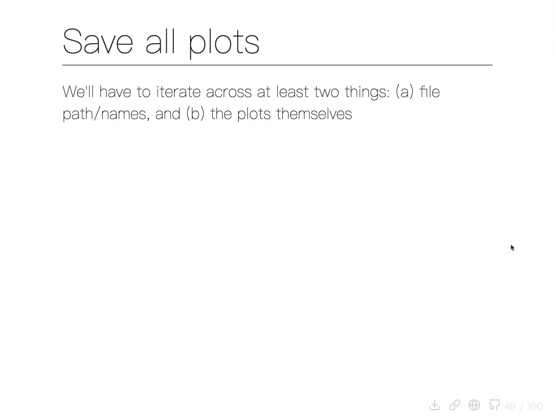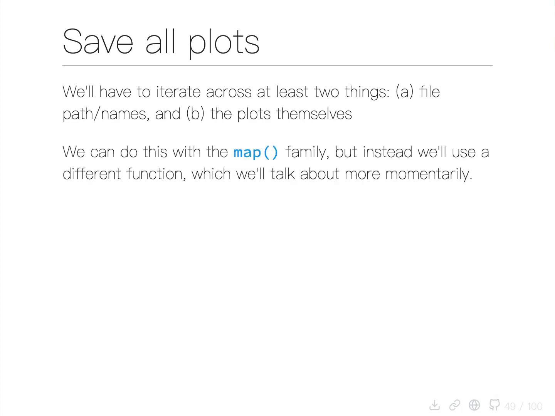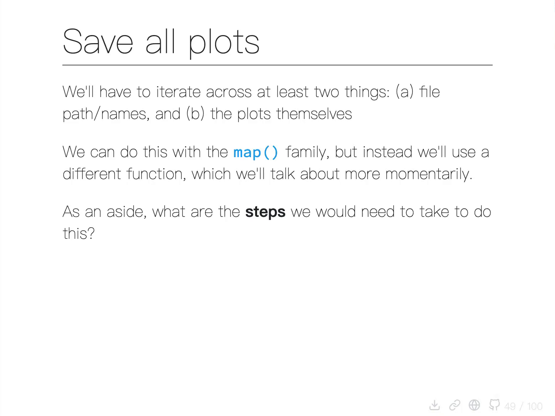Okay, so we're going to try this. We can do this with map, but there's actually a slightly better way to do this with the map family that we'll talk about in a minute. So instead we'll do it a different way. But if we're going to do this, what are the steps? Like how would we start to do this?